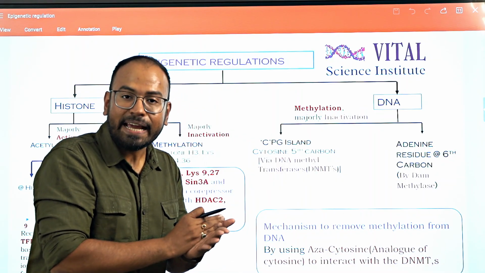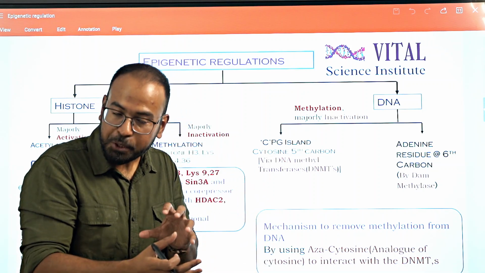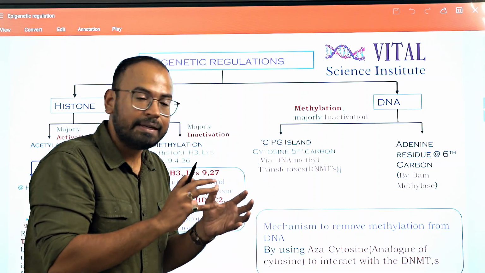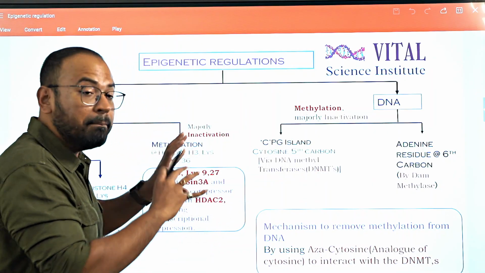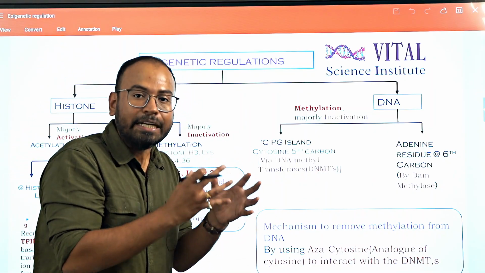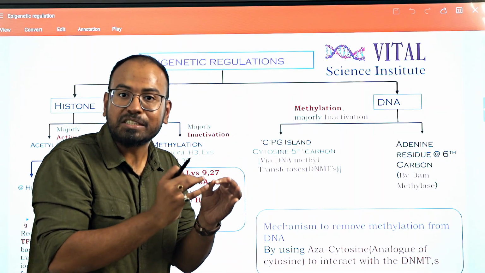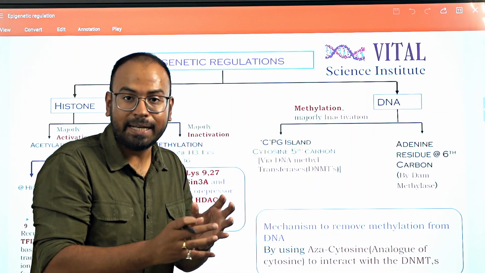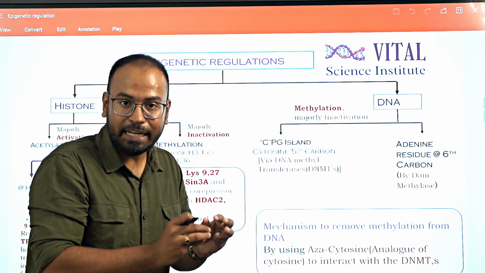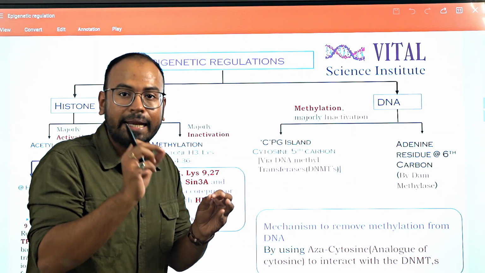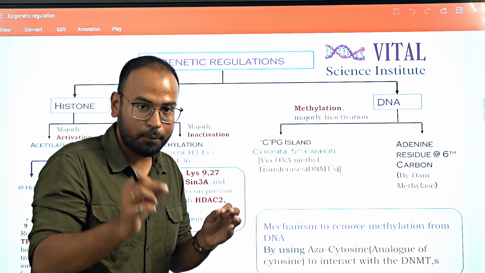So SIN3A acts as a co-repressor and binds with our HDAC, and whenever this complex comes into action, then repression must occur, and these two phenomena will occur when methylation takes place at lysine 9 and lysine 27. Note it down.